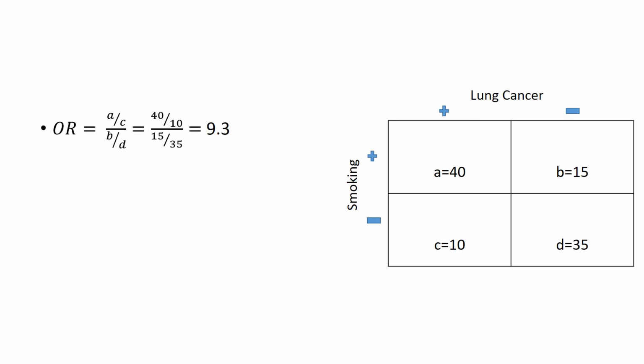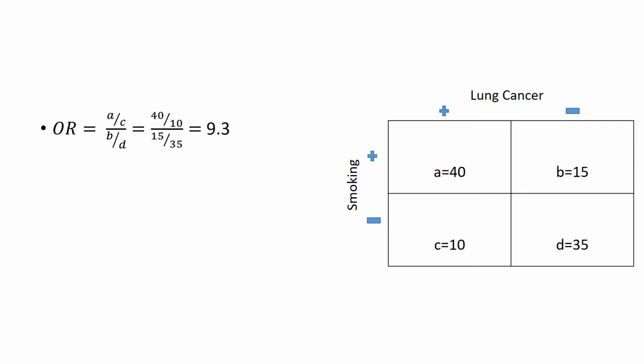And we know that our odds ratio is the ratio of 2 different odds, the first being lung cancer depending on smoking history. So the odds here are 40 over 10 compared to the odds of no lung cancer given smoking history. And here the odds are 15 over 35. And that turns out to be an odds ratio of 9.3.